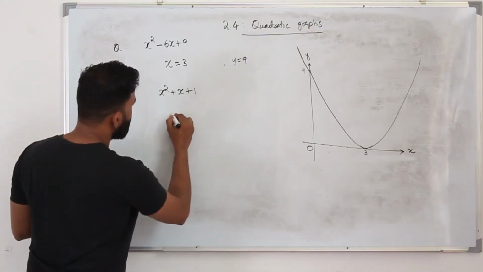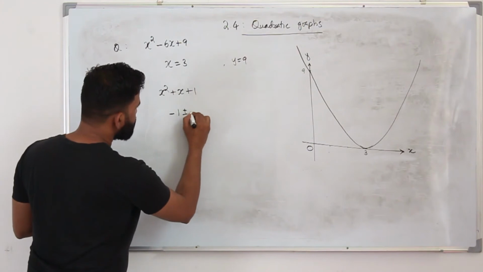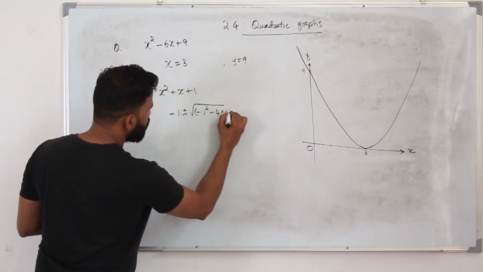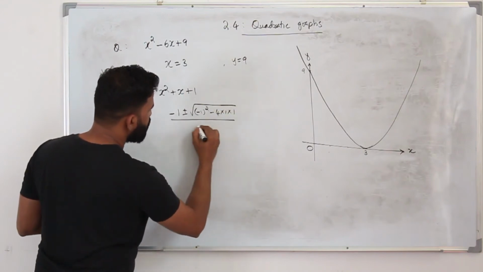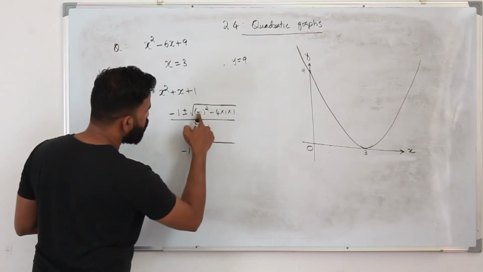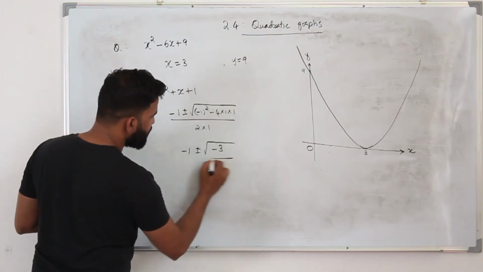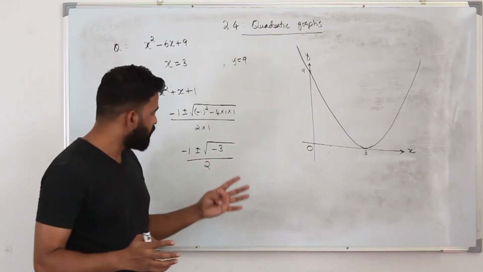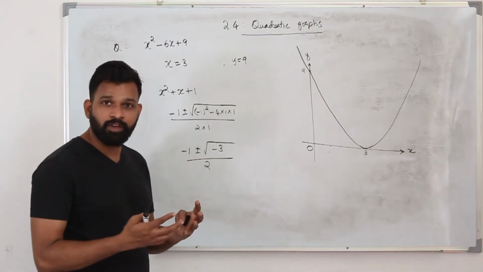When you use the formula minus b plus or minus the square root of b squared minus 4ac upon 2a, you get minus 1 plus or minus the square root of 1 minus 4, which is minus 3. You have a square root of a negative number, which is not possible to solve as of now.